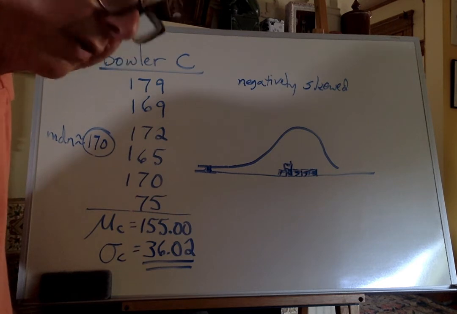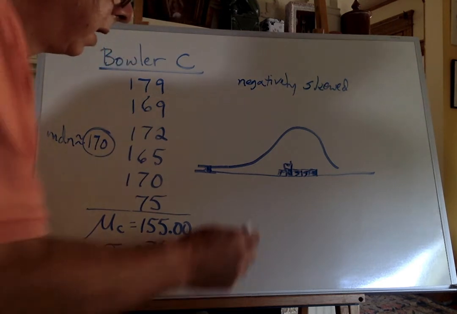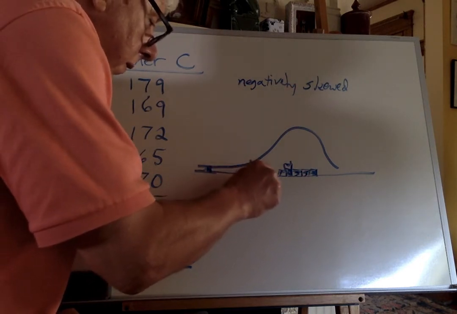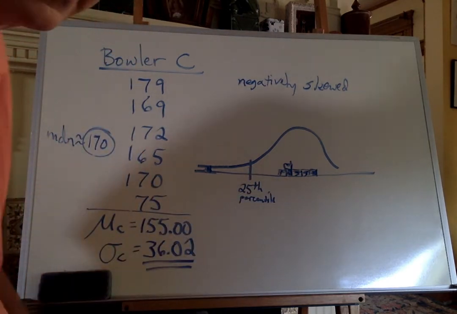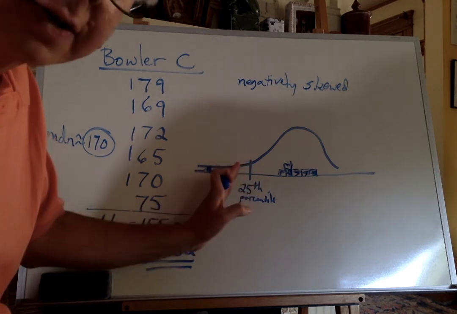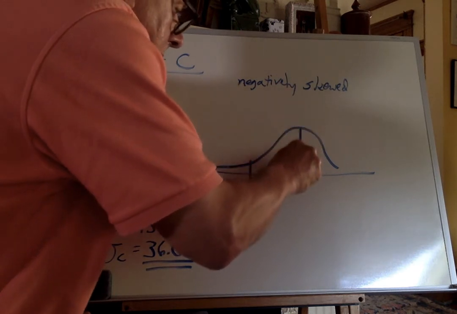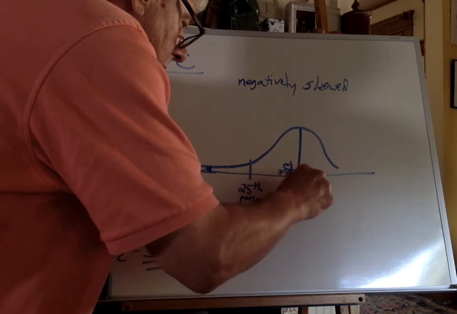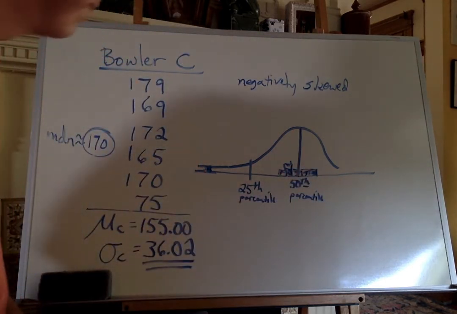Now, we have actually done that, believe it or not, okay? We get the 25th percentile. What is the 25th percentile? The place where 25% of the scores fall at or below. We can look at the 50th percentile, also known as the median.